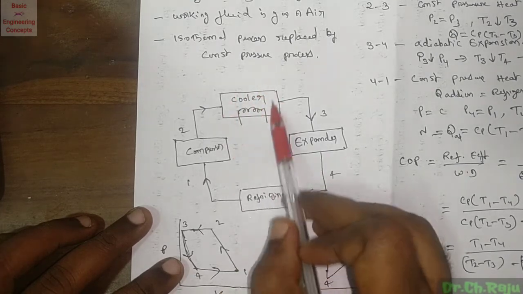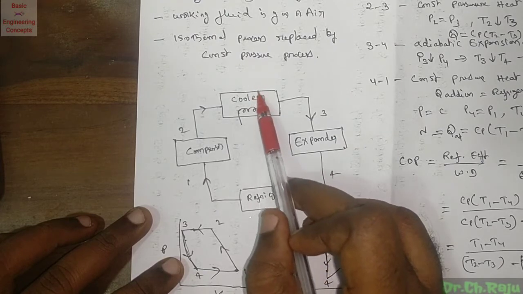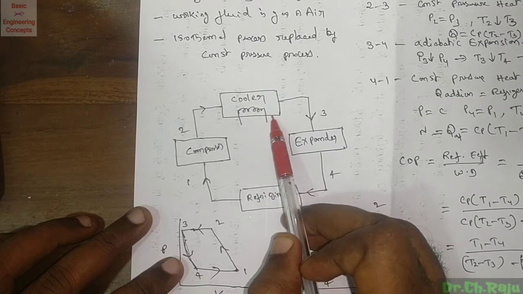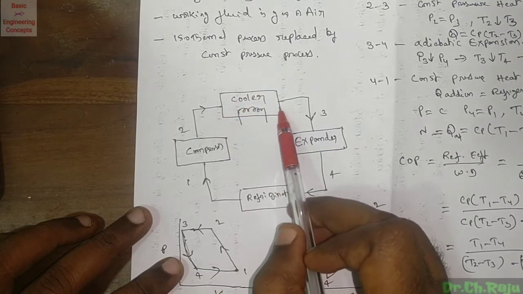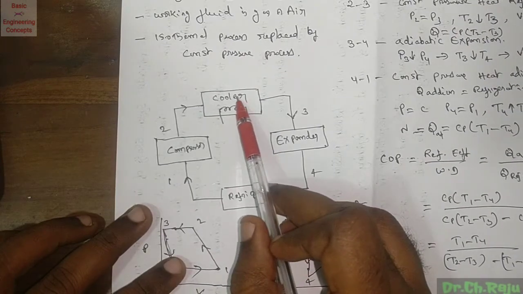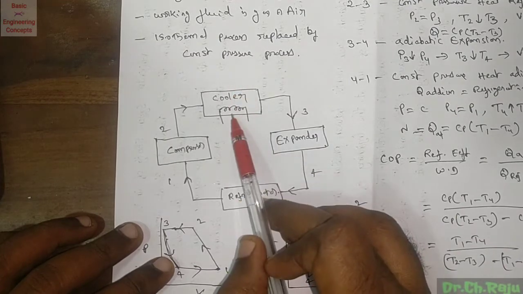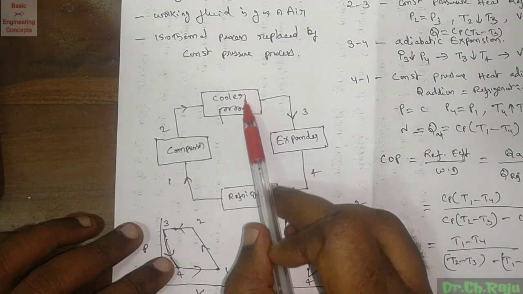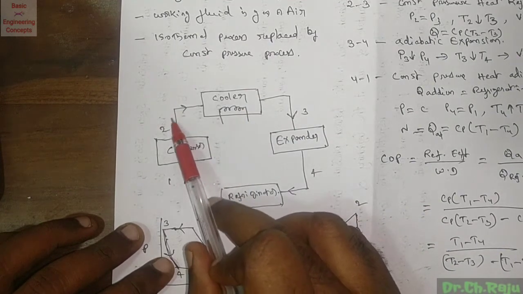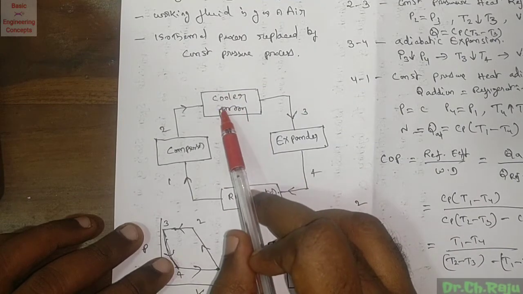During this cooling, the pressure remains constant and the temperature is reduced by using normal air. In this constant pressure process, heat is removed at a high temperature. As the air comes from the compressor at high temperature, heat is rejected at a high temperature.